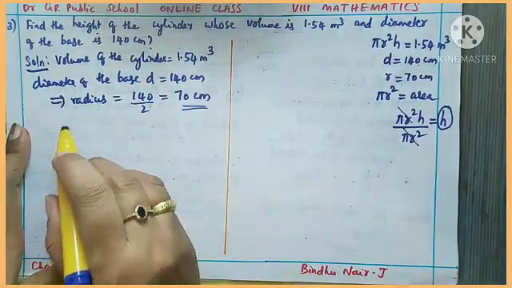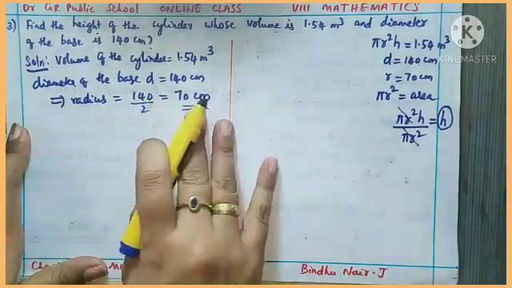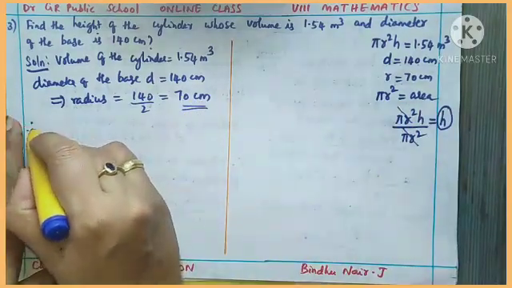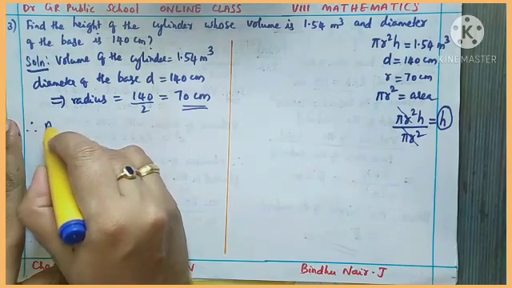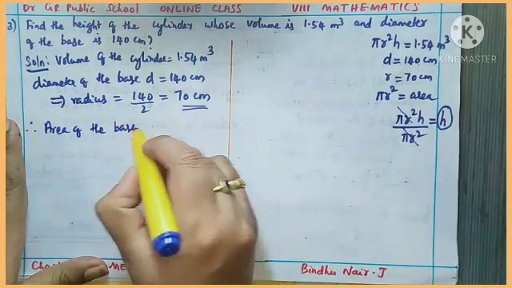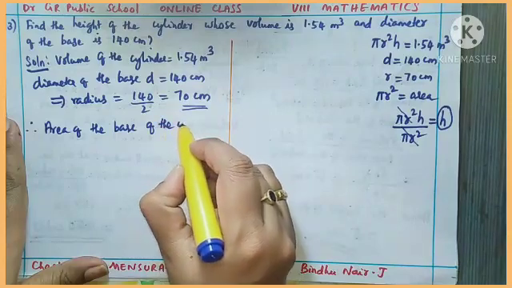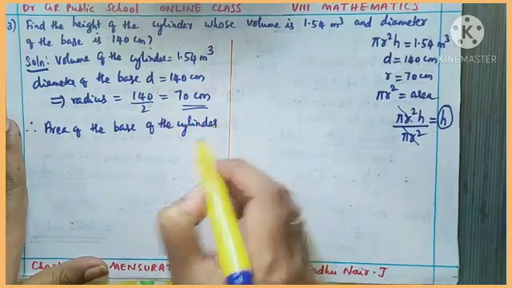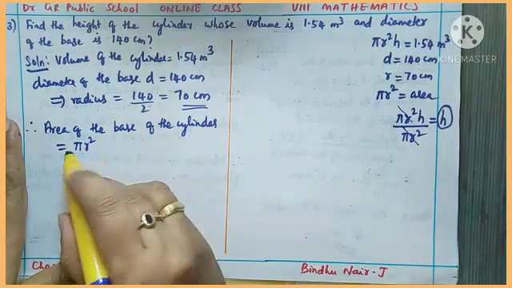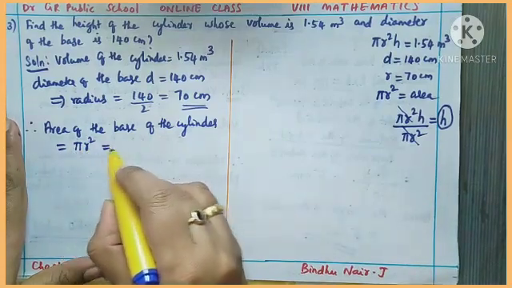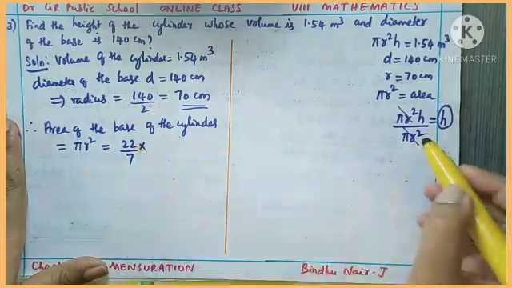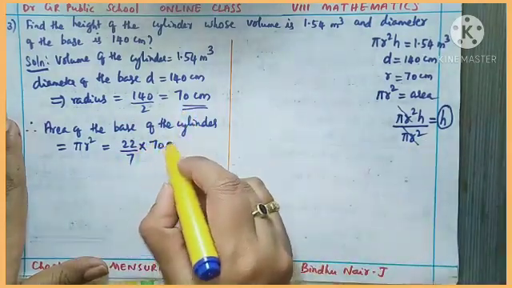Okay. So now after finding the radius, immediately we can find the area. Therefore, the area of the base of the cylinder is equal to, you know, the base is circle shape, so it is pi r square. Okay, for pi you can put the value 22 by 7 into r square, that is 70 into 70.